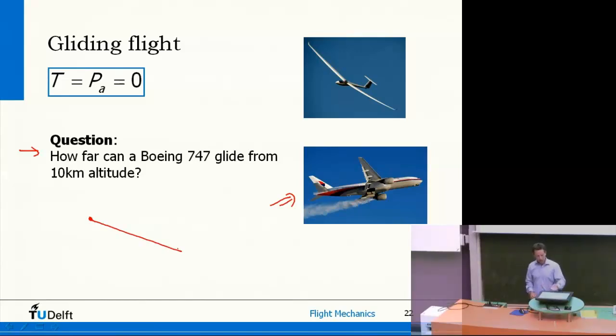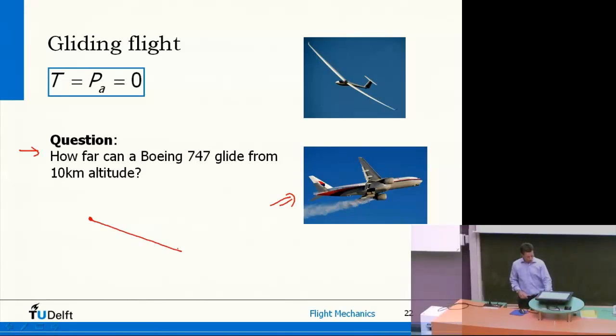And if you look at a glider, then typically you just like to enjoy the flight. So in that case, it could be nice to stay in the air for as long as you can. So in this scenario, time is actually of the essence. So these are different objectives, but what's important to note is that thrust, or power available, is equal to 0.